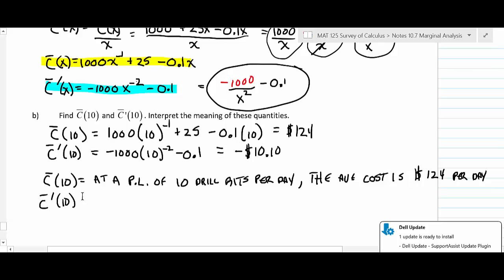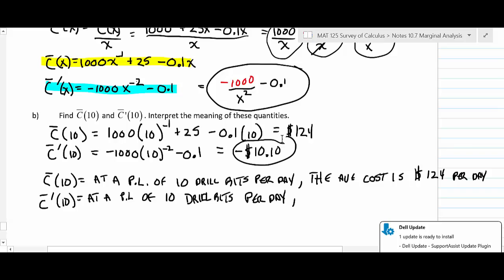And then the marginal cost, what that represents is kind of the same thing. We'd say at a production level of, again, 10 drill bits per day, now since it's a negative 10.10, remember that is a rate of change. What's that tell you? Decreasing.